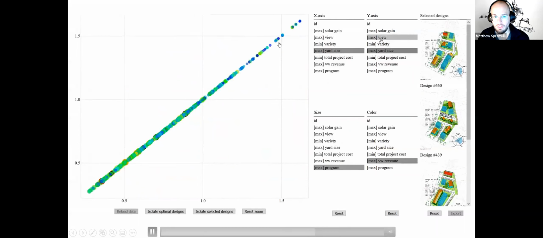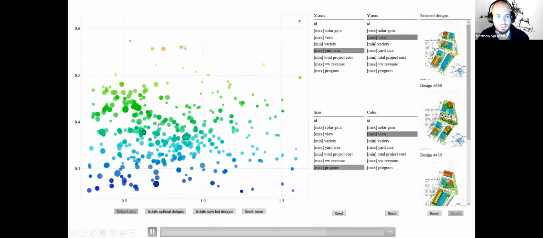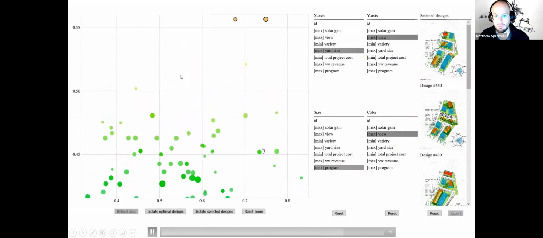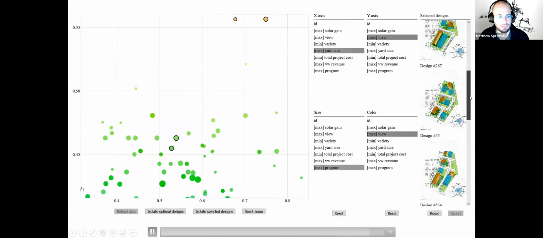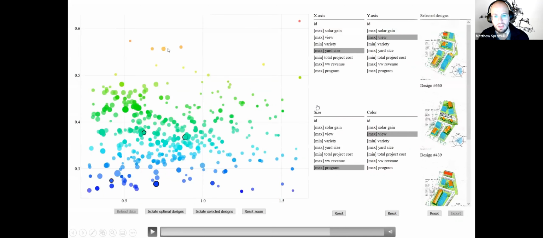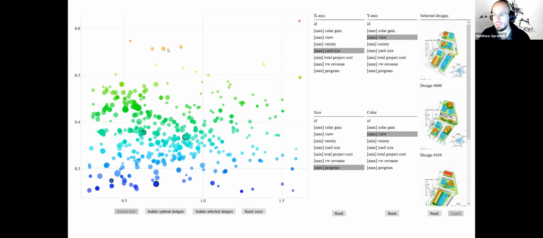So here's different ways of seeing the designs and them being laid out, and how you can organize them on an X and a Y axis, as well as with size. So the bigger the circle versus the smaller, and the color. So lots of ways to see your design ideas.